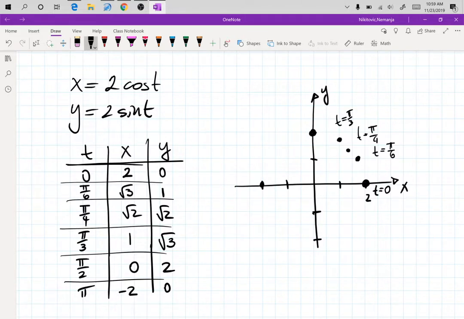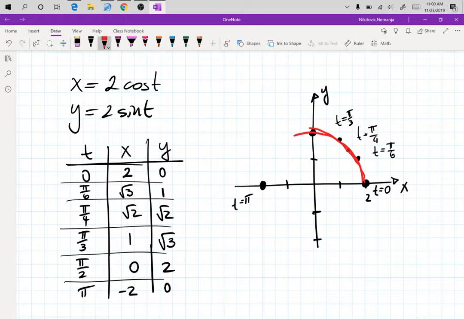And we also calculated t equals pi, which is at -2, 0. Do we see how the progression is moving us counterclockwise? So you are going to start drawing at t equals 0, snake through all of these points.